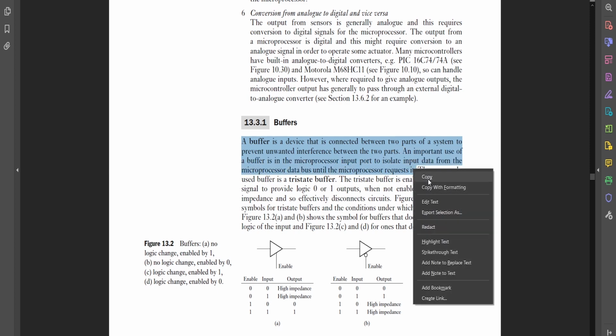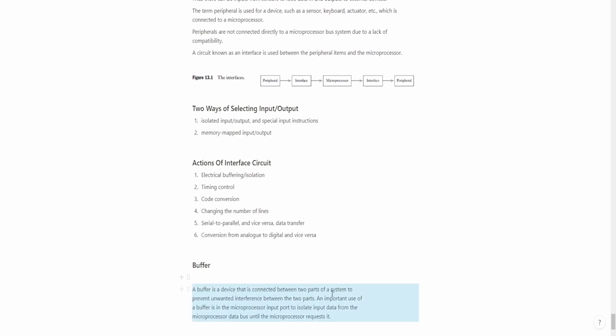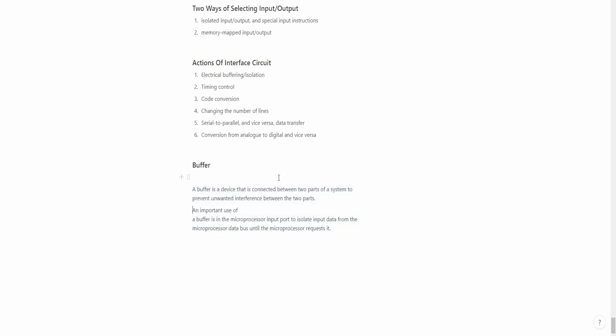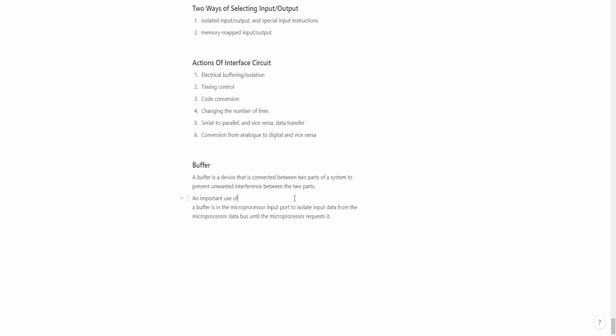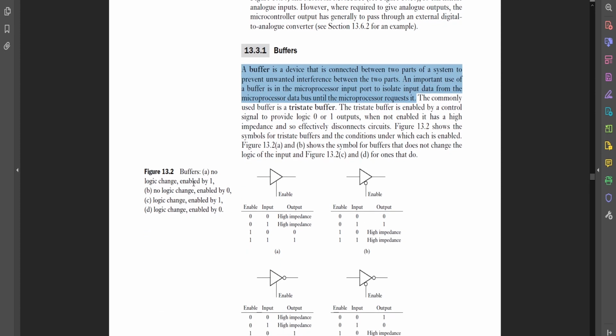Interesting. That makes sense. Yeah, comfortable with that. So buffers, a logic change enabled by 1.